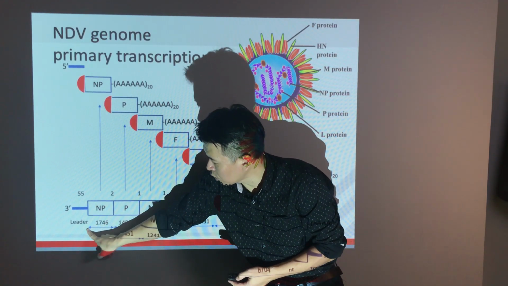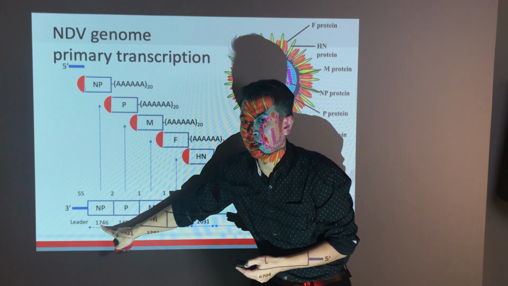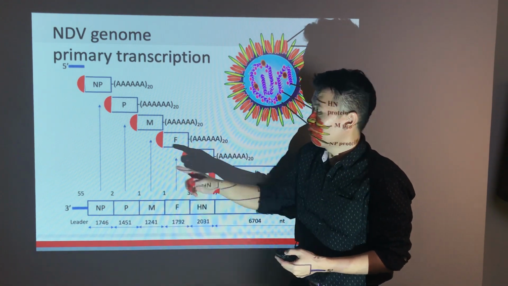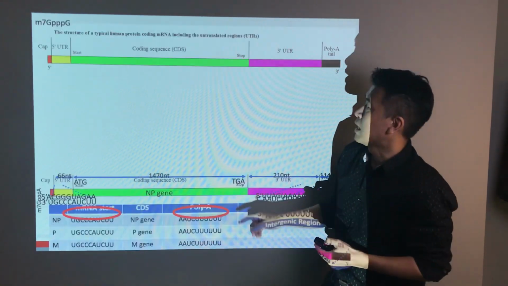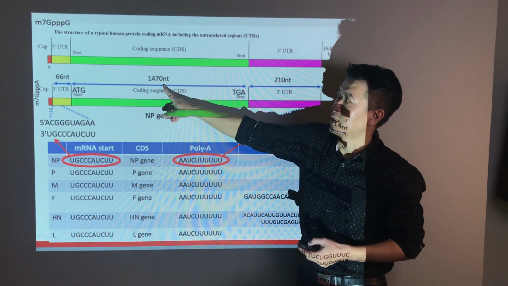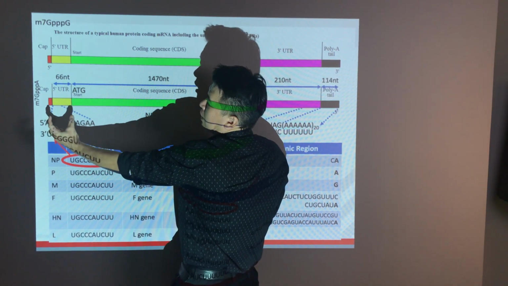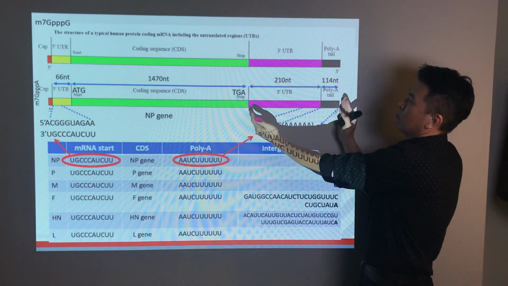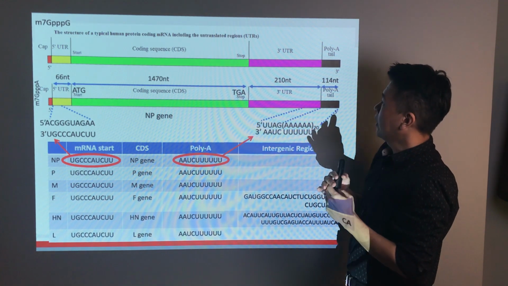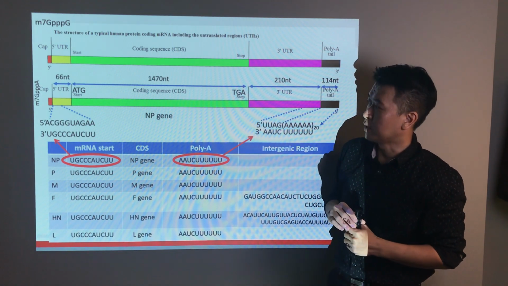The first nucleotide that belongs to NP is 1746, whereas the gene that codes for the NP protein is actually 1470. So the rest of the nucleotides fall into the untranslated regions here and here. This is the mRNA for NDV.